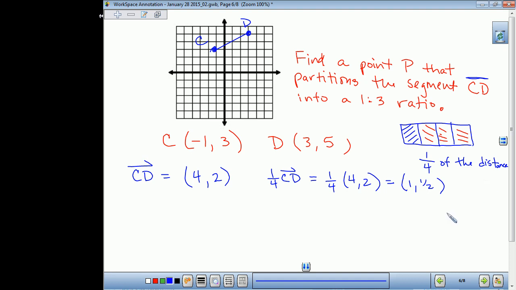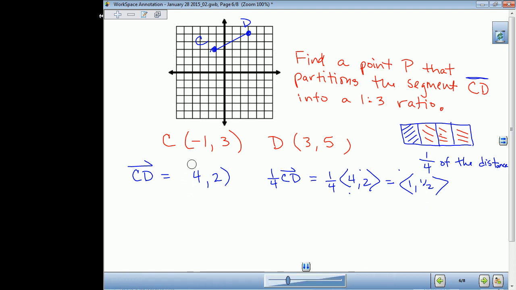Alright, so this is a vector, and I'm putting it in parentheses like it's a point. Shame on me. These should be the pointy ones. There we go. Yes, ma'am. Is 4/2 just the slope? Remember when we did vectors? And we talked about what vector would take us from the pre-image point to the image point?